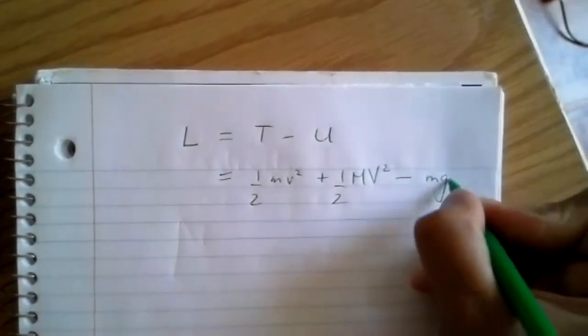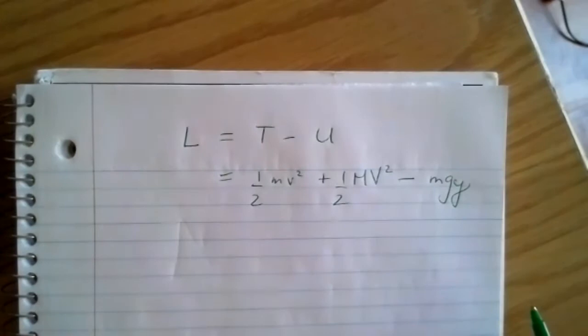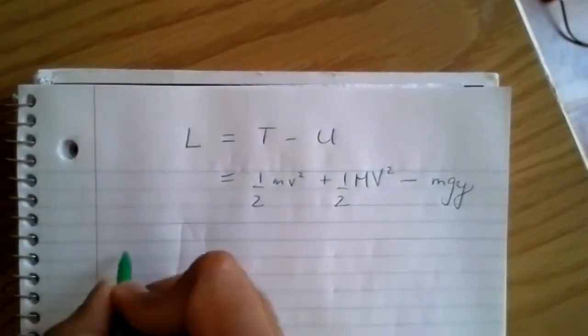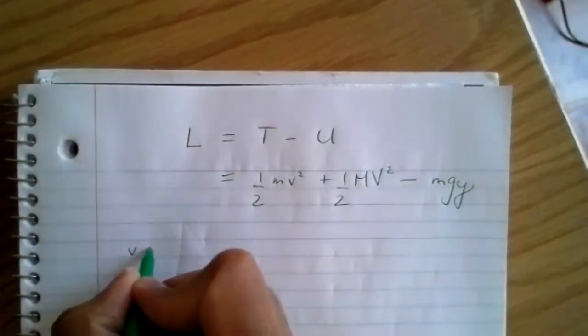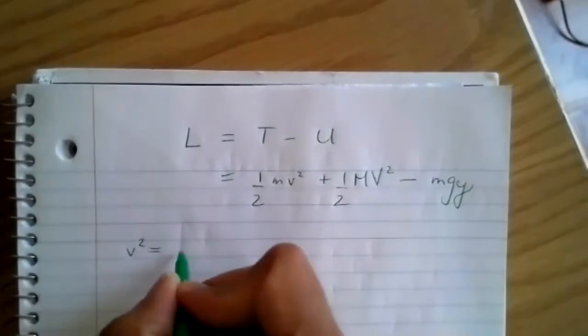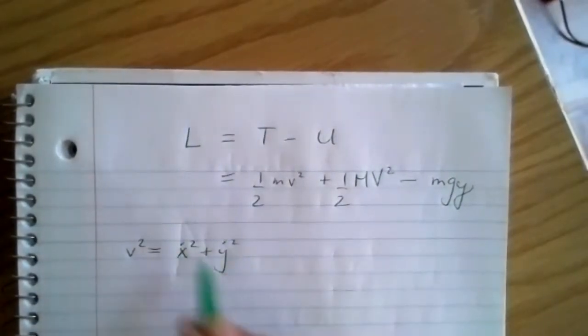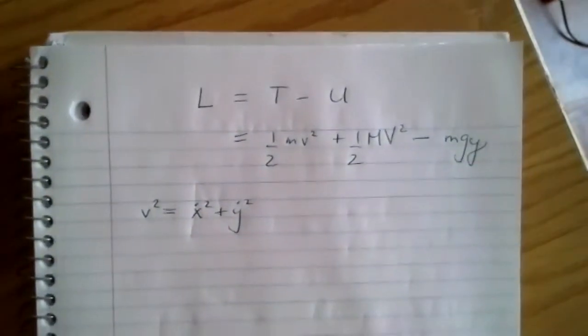So we'd have minus mgy. And then we translate all of this into terms of 2 general coordinates. So we'll start off with little v squared is equal to x dot squared plus y dot squared. And then we need to express these in terms of big X and Z.